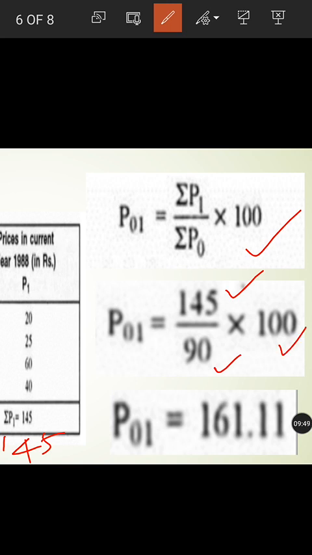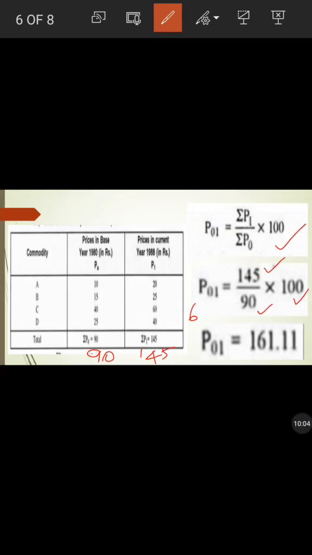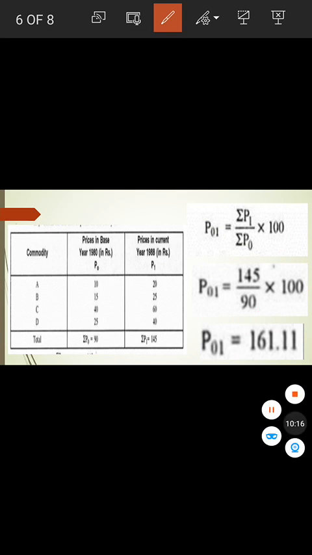If you divide 145 by 90, what is the answer? It is 1.6111, and it goes on.